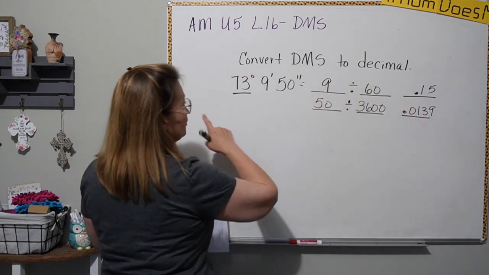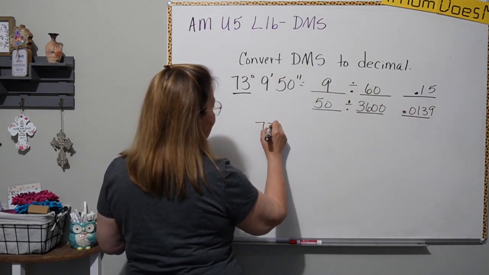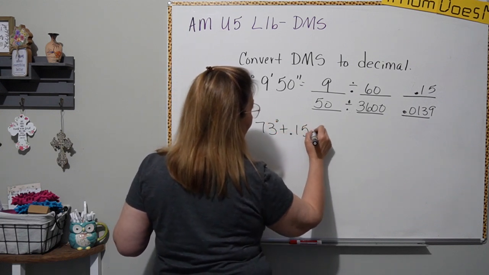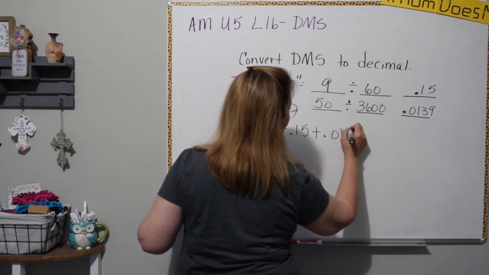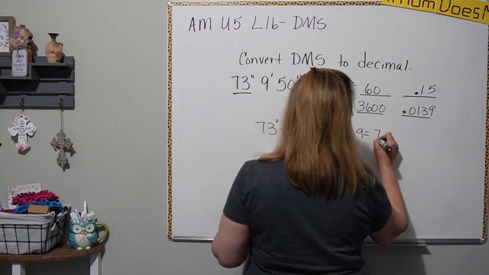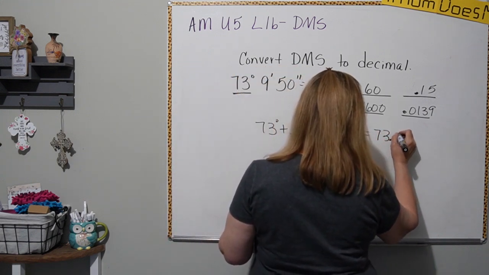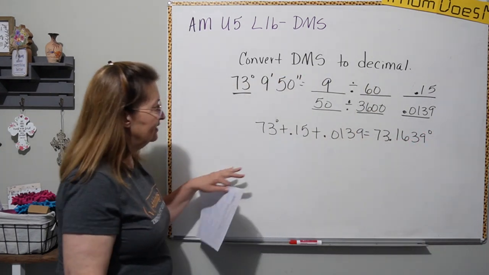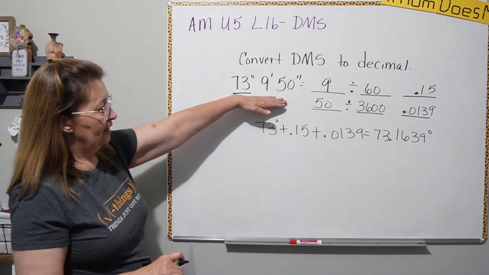Now for the final answer, we're going to add all these together. We're going to add 73 degrees plus 0.15 plus 0.0139, and that is going to give me 73.1639 degrees, and that's the decimal form of this.